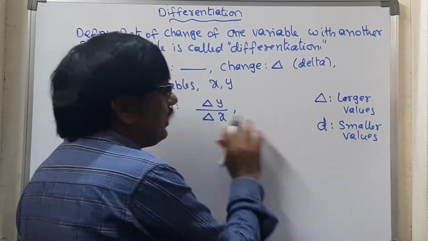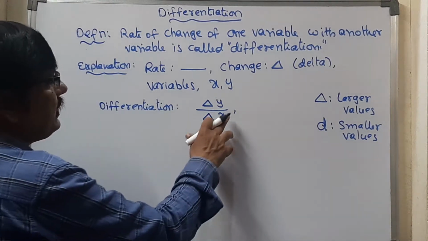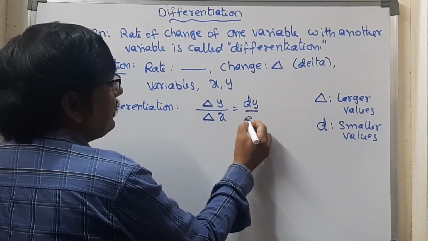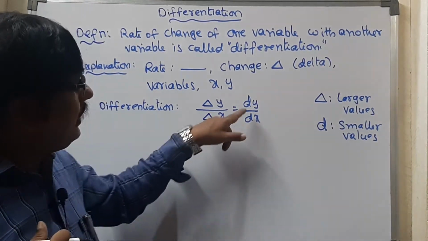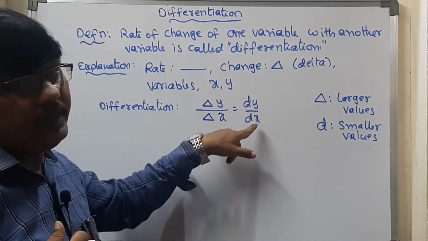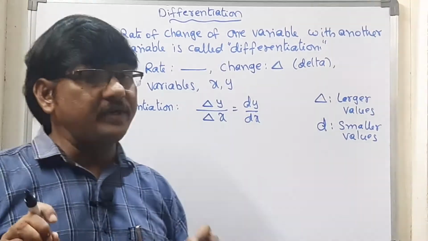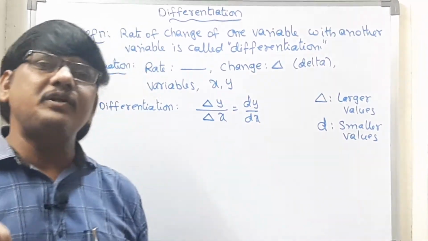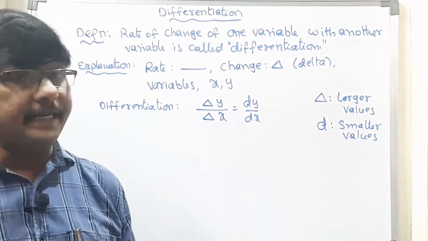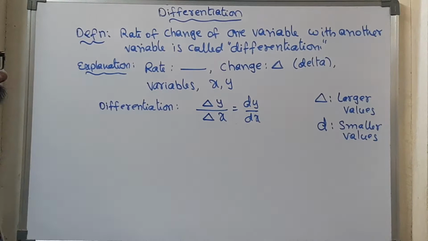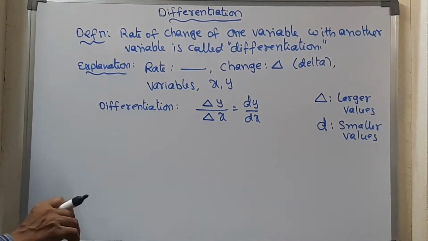So instead of delta y by delta x, we write dy by dx. Dy by dx is the exact expression for differentiation. Okay, understood what is meant by differentiation.